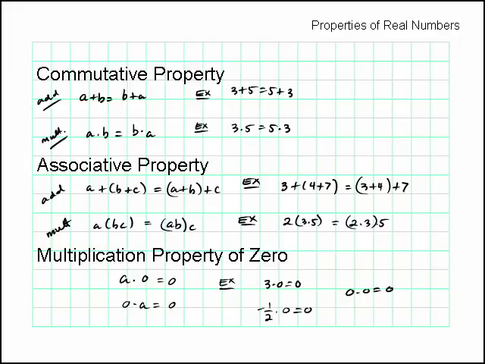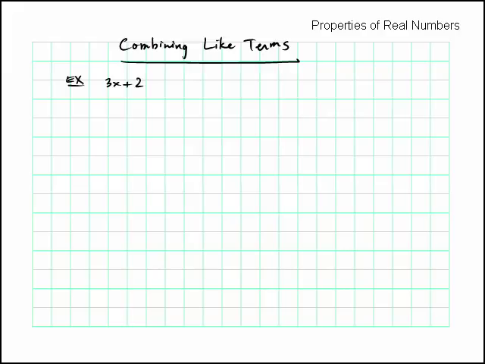Okay, next. Combining like terms. This is something that we do a lot in algebra. So let's just review it real quick here. 3x plus 2x. Now, if I use the distributive property backwards, I could actually write it like that.